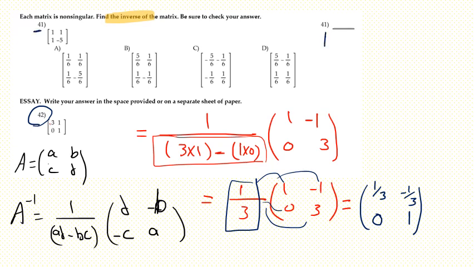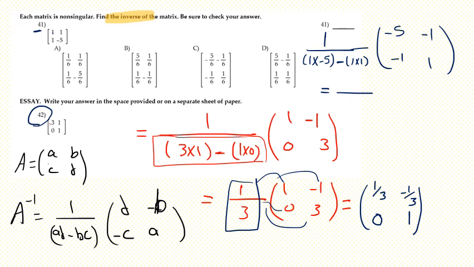So it's going to be 1 over 1 by negative 5 minus 1 by 1. And then I change the place of 1 and negative 5. So negative 5 is here and 1 is there. And change the sign of the numbers 1 and 1, so it's going to be negative 1 and negative 1. So it's equal to negative 5 minus 1 is negative 4.